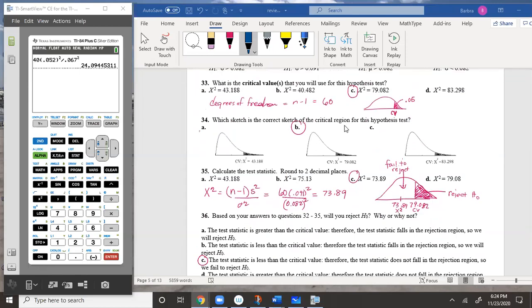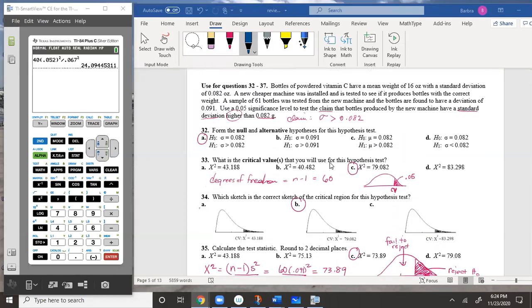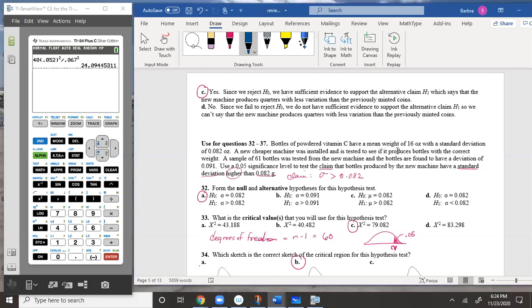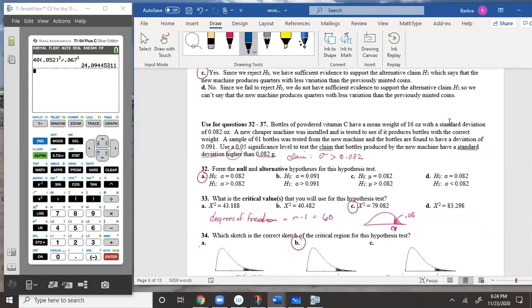Calculate the test statistic. We have to use the formula again, n minus 1 times s squared over sigma squared, where s is the sample standard deviation. Sigma, nope, that's the claim, right? Let's look at this. It says a sample, they give you n, and it says the standard deviation of the sample is 0.091.